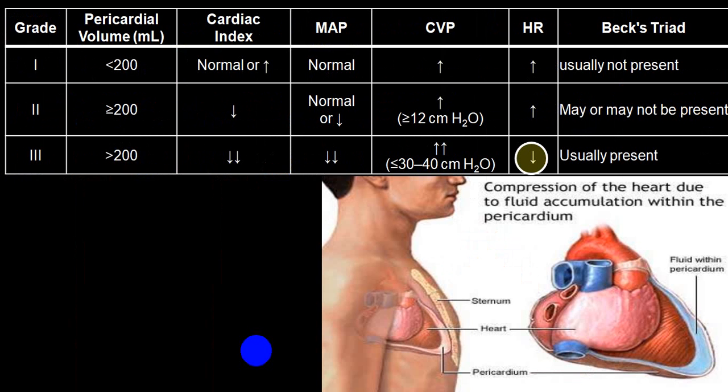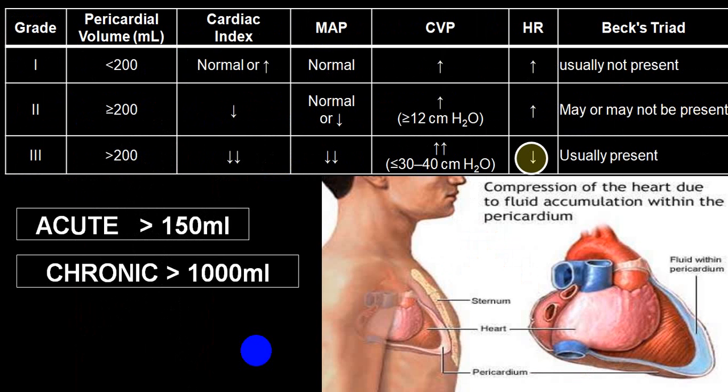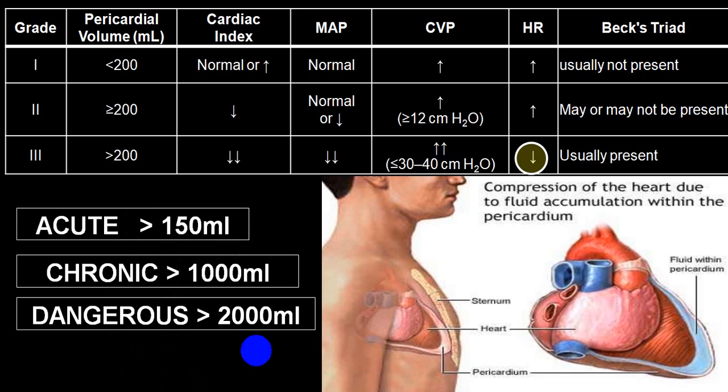And this slide we have already shown you in pericardial effusion: 150 ml collected acutely, or in a chronic case it can even go up to 1000 ml. And when it goes to 2000, it becomes dangerous because it will produce cardiac tamponade.